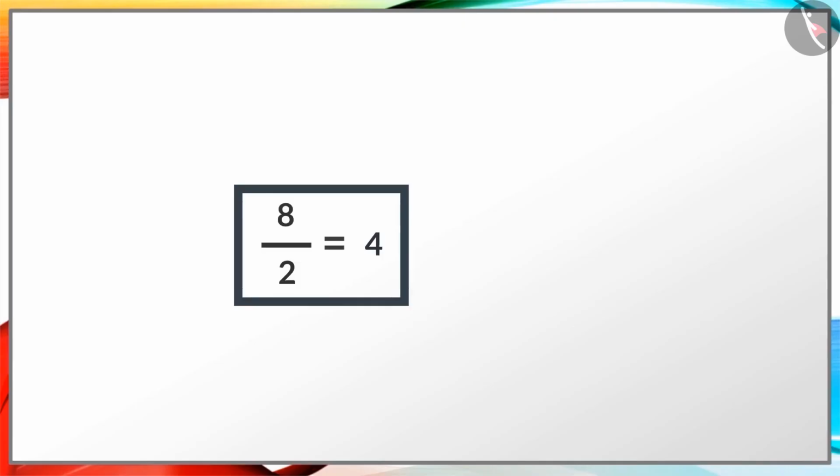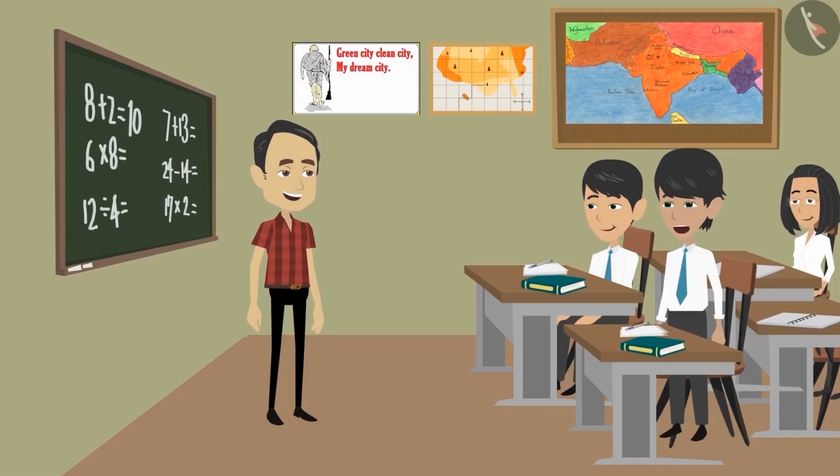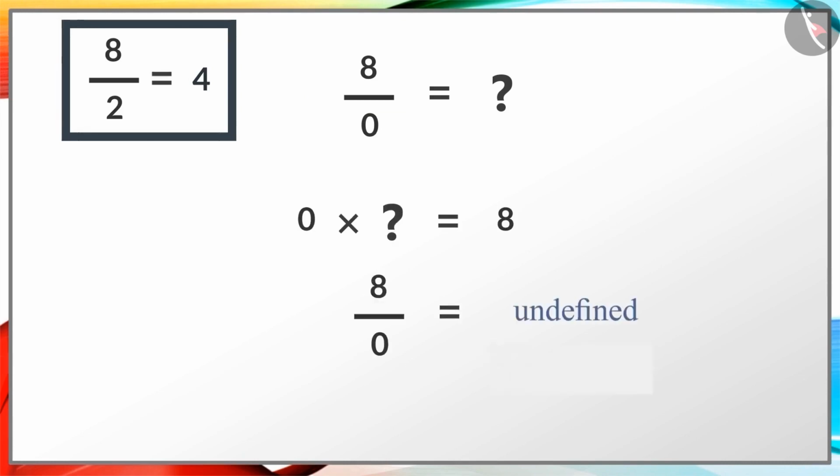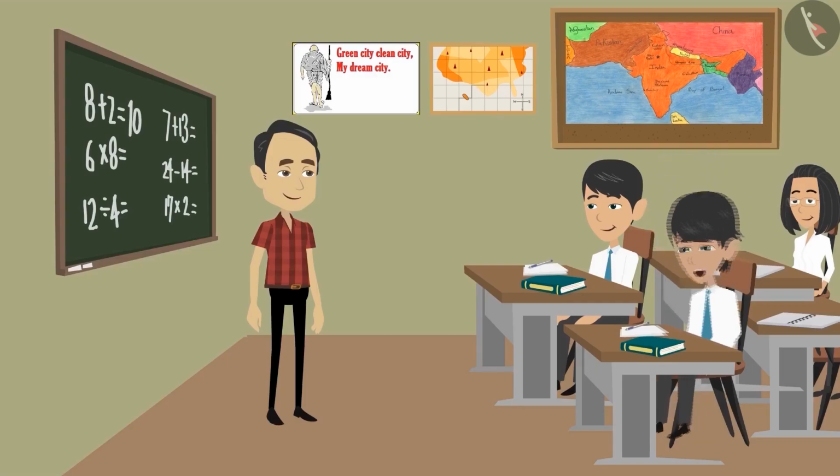Now, what is the value of 8 by 0? Sir, this cannot be found. I can't find any number which gives me 8 when multiplied by 0. Rightly said, Mohan. And we call such a number undefined. Sir, I have understood now.